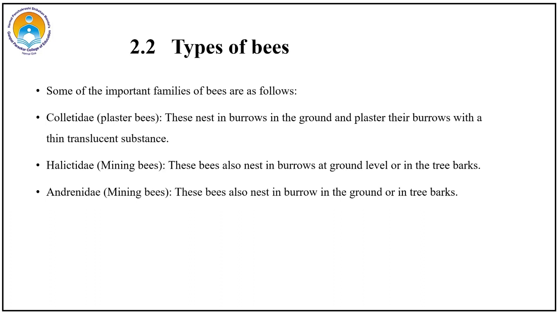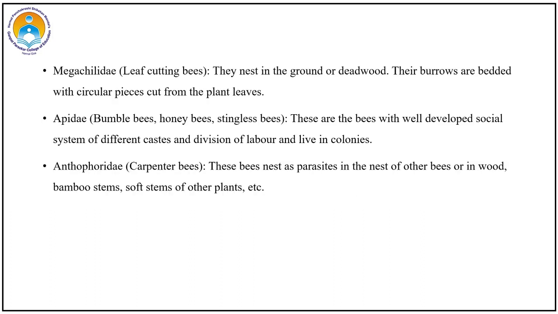Second one is Halictidae, which are known as sweat bees. These bees also nest in burrows at ground level or in the tree barks. Third one is Andrenidae, which are known as mining bees. These bees also nest in burrows in the ground or in tree barks.